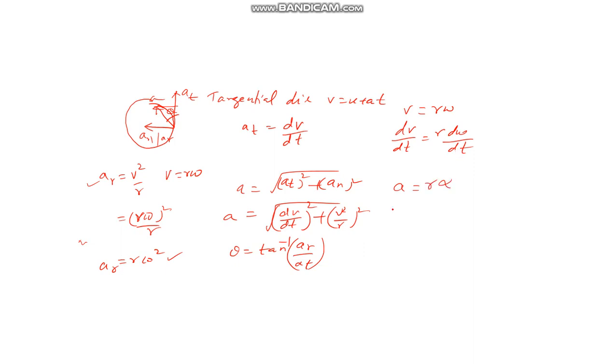We denote it by alpha. Alpha is equal to angular acceleration. And the units would be radian per second square. So if you are given the value of alpha, you can find the linear acceleration. So this is one concept.